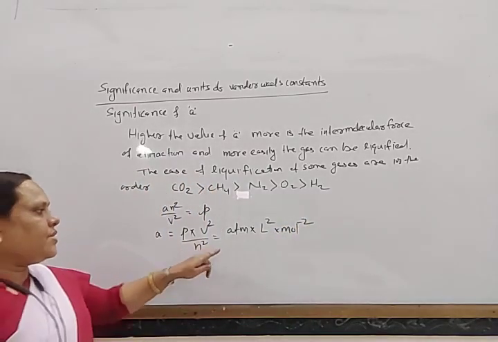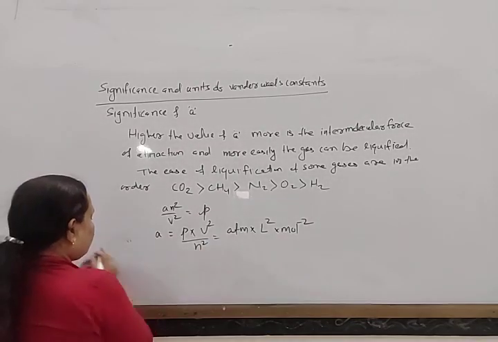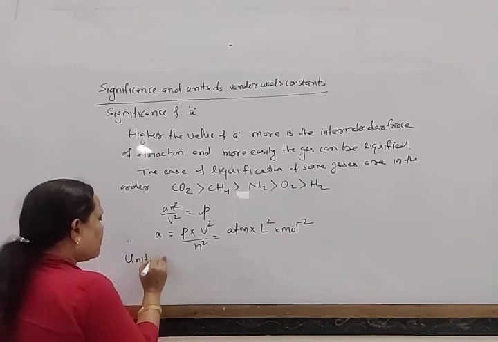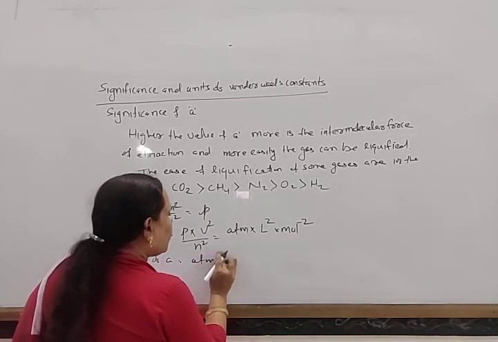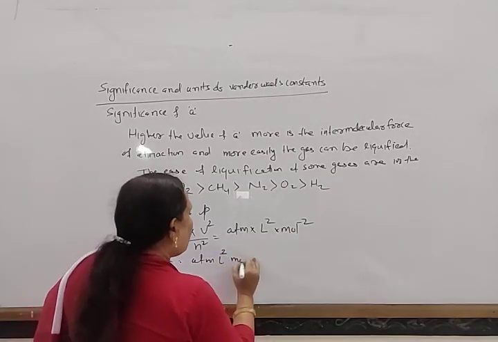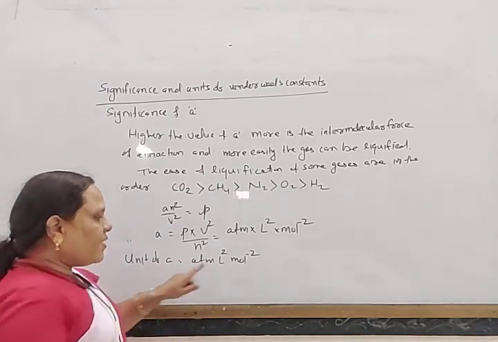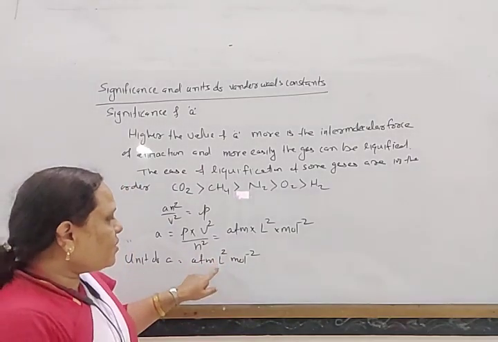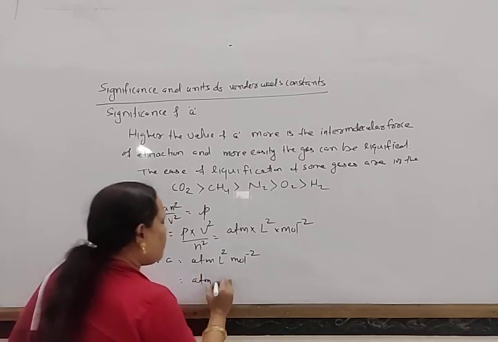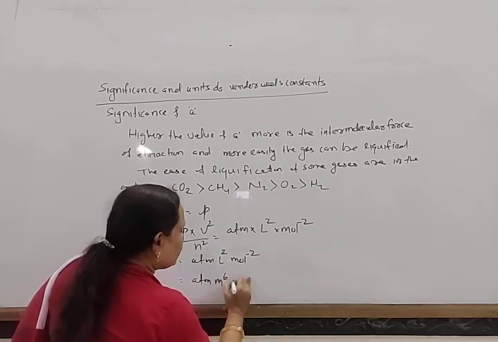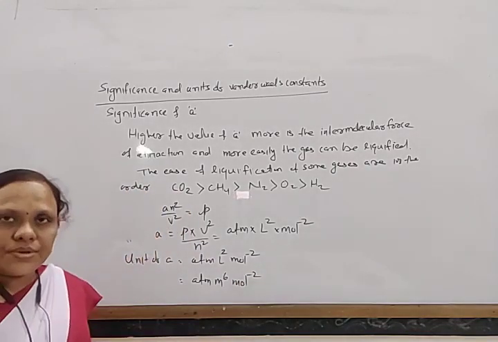So the unit of a is atmosphere liter square mole minus 2. If the volume is given in meter cube, then it is atmosphere meter 6 mole minus 2. Okay, so note down this.